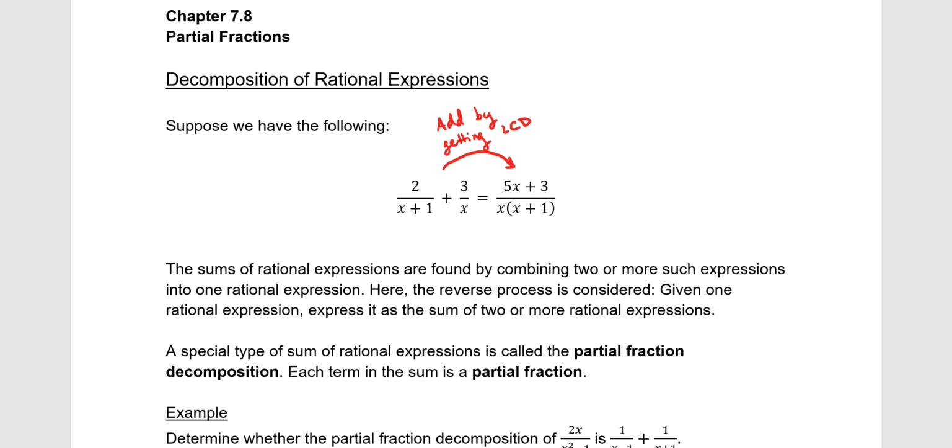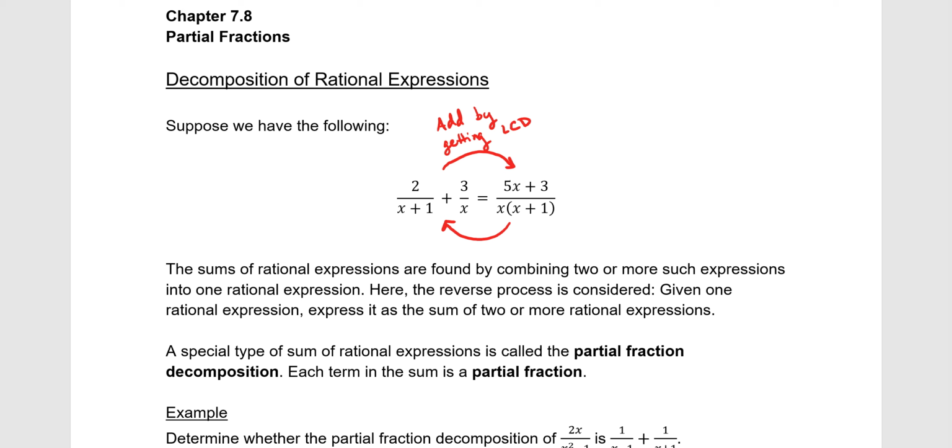So the way that we would have to arrive at that answer is by getting a least common denominator. But let's say we're going to start with the right this time, and we want to go back to the left side of the equal sign. So we want to split up the rational expression into two or more other rational expressions.